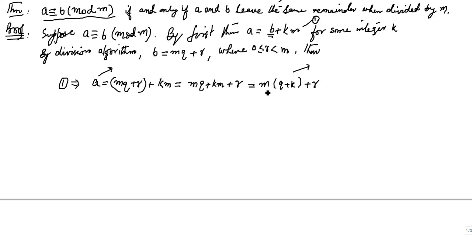So, here A is divided by M. So, we have unique integers Q plus K and R, such that A can be written as M times Q plus K, plus R, okay, where R is greater than or equal to 0 and less than M. So, that proves the first part of the result.